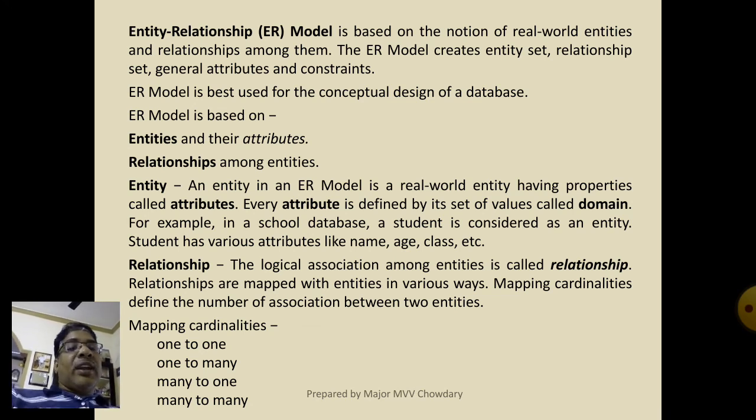The name of the entity is written in the center of the rectangle. When applying the ER diagram to the relational model, an entity is mapped to a relational table. Each row in the relational table is known as an entity instance.